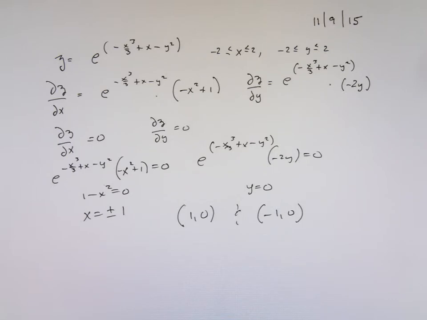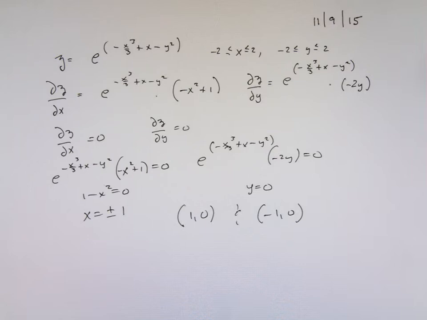Go ahead, Leon. So if we had multiple critical values for both x and y, our critical values would be all combinations of coordinates that those make. It would be all those combinations that cause both the partials to be equal to 0. And these 2 points cause both partials to be equal to 0. Now, the way we've done it here, because of this function, we had x's over here and y's over here, but putting them together, we get both equal to 0.